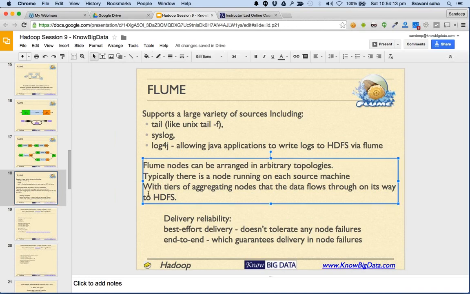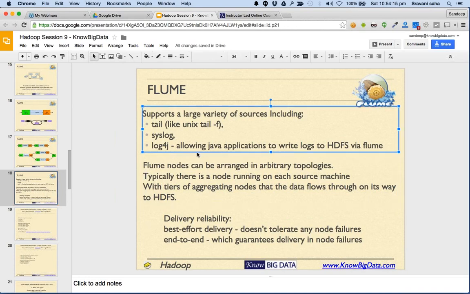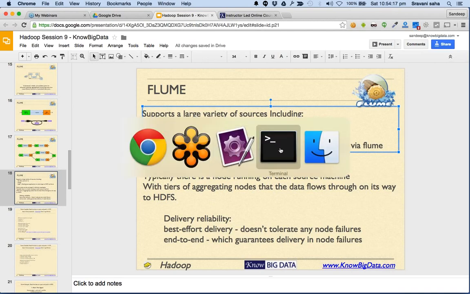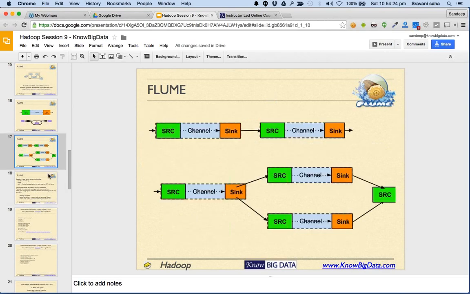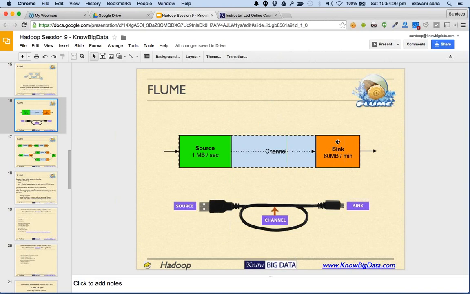Let's try to build the Flume network right now. How will we build? This side is called source, and this side is called sink. And there is a channel. Why do we require a channel? Say the source is generating data at a faster pace than the sink can consume, then the data can lie in the channel midway.